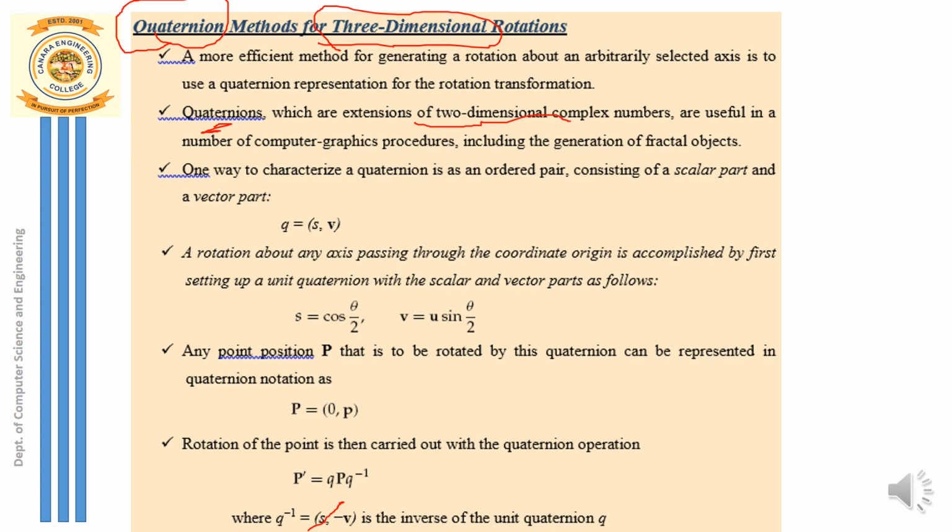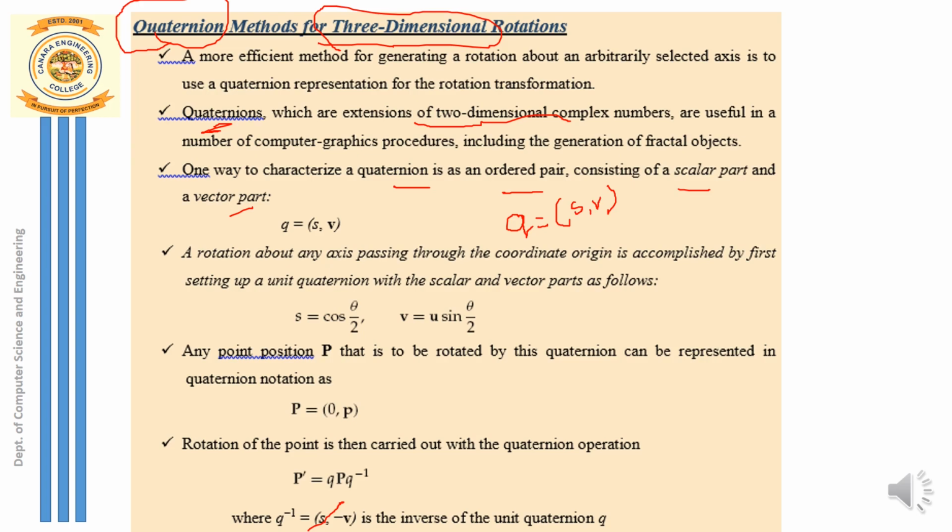In general, I can write a quaternion as an ordered pair consisting of a scalar and a vector. I'll represent it as small q. It is an ordered pair of two components: the first is the scalar component, the second is the vector component.